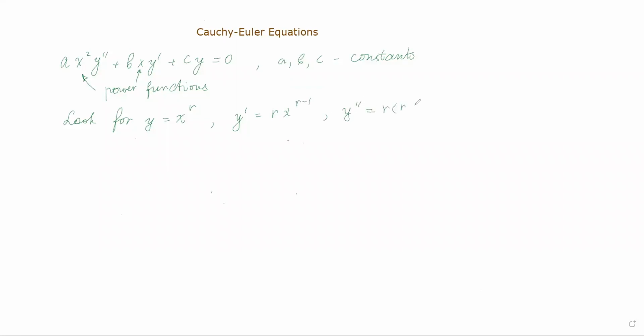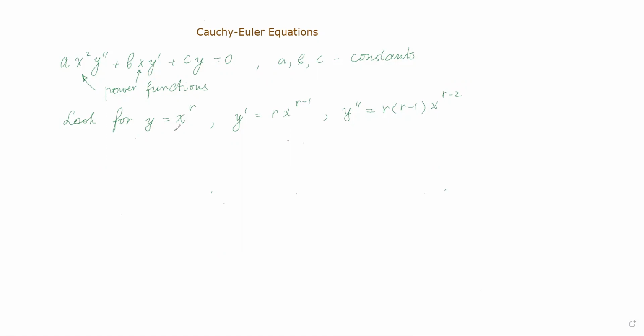That's r times r minus 1, x to the power of r minus 2. You see that the second derivative is going to lose two powers, but because we have a multiple of x squared, it's going to fix these two powers back. And the first derivative is losing one power, and multiplied by x is going to return the power of the whole term to r. And the last one is not going to lose anything, so it's still going to have x to the power of r.